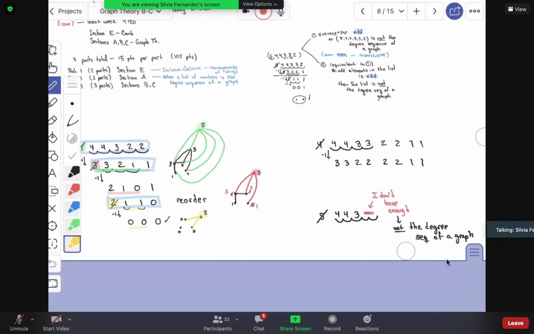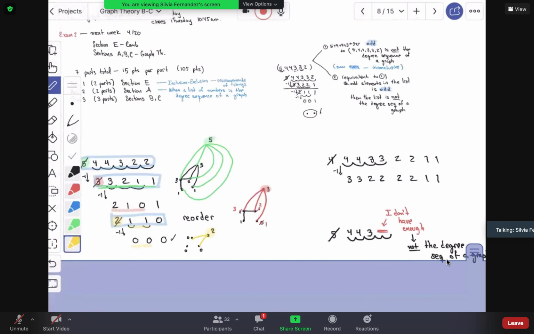All right. Any more questions on this before I go to the third problem in the exam? So for this part, we're either going to be given a sequence and we just say if we can or cannot graph it, or you might give a sequence that is able to graph and we have to show the graph. Yeah, so it has 2 parts. One of the parts I said, prove that the following sequence is not the degree sequence of a graph.